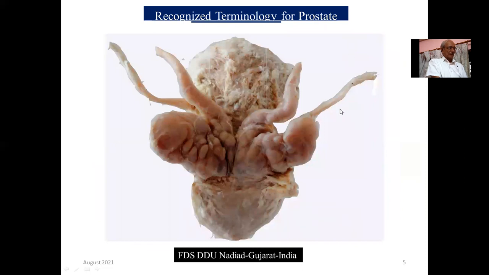And here is a specimen from our museum, and seminal vesicles there, vas deferens, that one, and below them, this is the prostate gland. This is the urinary bladder, superior aspect, and on the posterior aspect, which is called base of the urinary bladder, seminal vesicles and vas deferens are located, right and left.